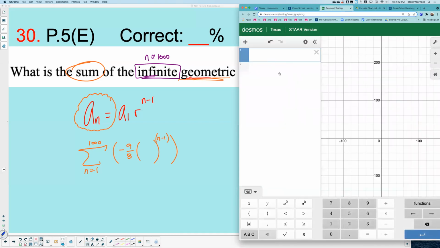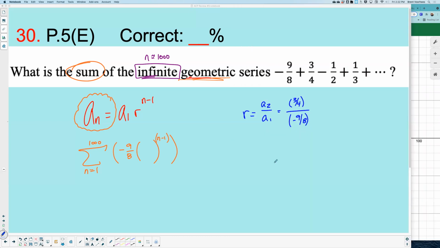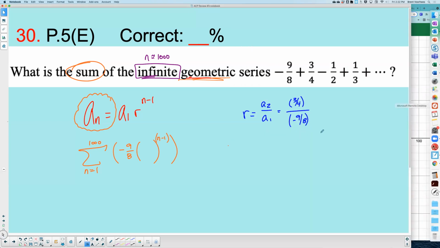So I'm going to type in first this R value, which was 3/4, and I'm dividing that by -9/8, and I'm going to change it to a fraction by coming over to the blue portion and pressing that white button there: -2/3. So our common ratio is -2/3. That's what goes in right there.